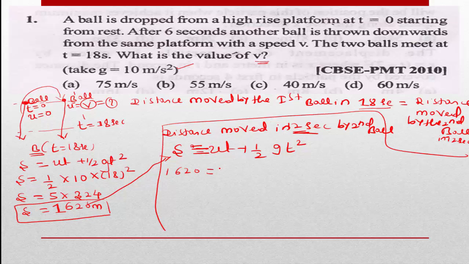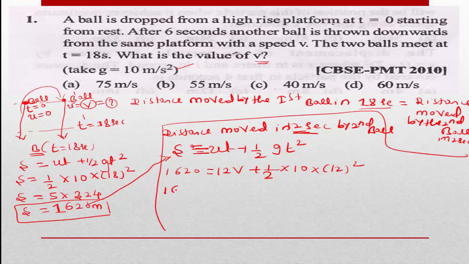1620. U equal to what is it? v. Time t equal to yesterday's 12 seconds. That's why I write here 12 v. U equal to v, the ball moves with the velocity v, 12 v plus 1 by 2 into g value yesterday 10 into t square, that is 12 square.